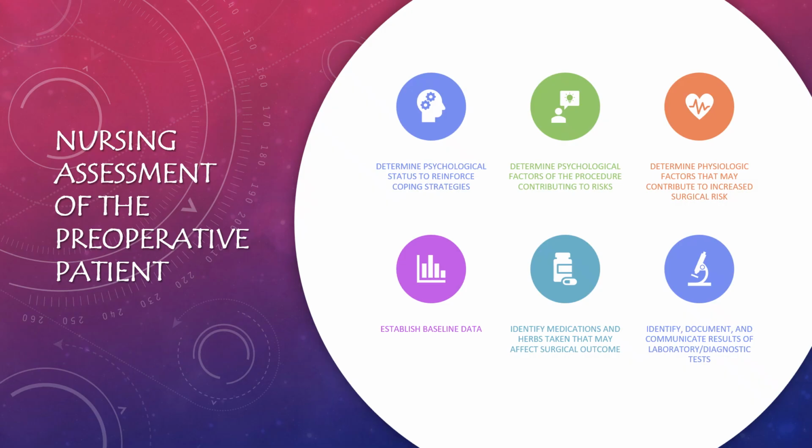We're going to teach them the incentive spirometer. And we teach them before because it's hard to teach somebody after they've had general anesthesia. Their memory capacity will be diminished for a couple days. That's normal, okay?